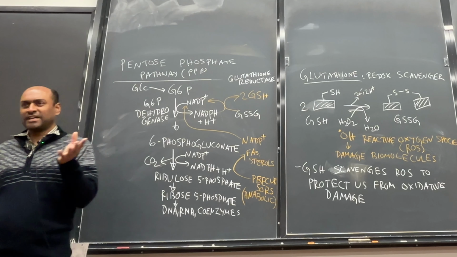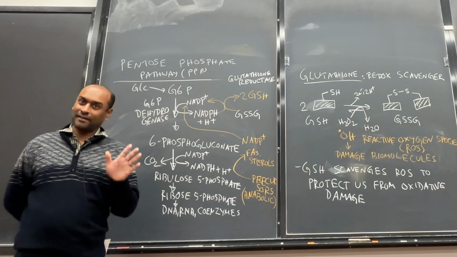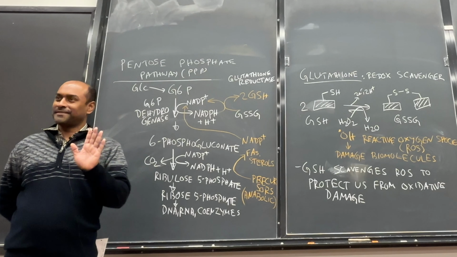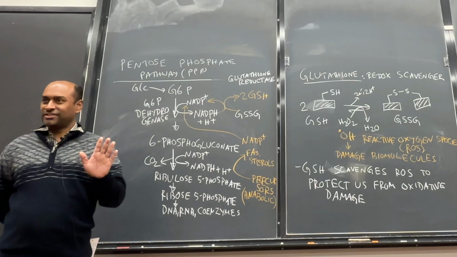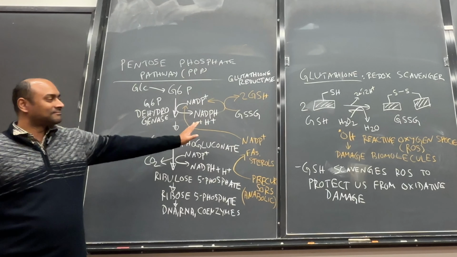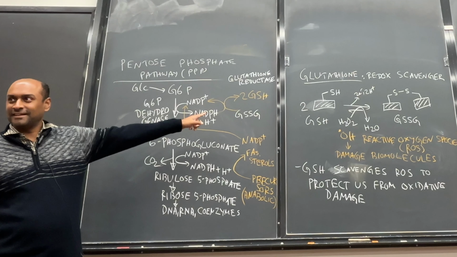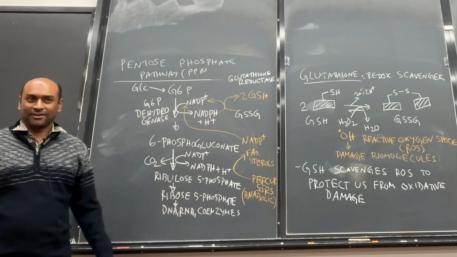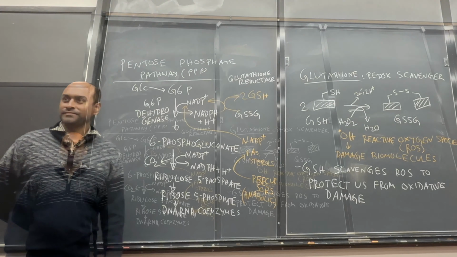NADPH and NADH are both doing the same 2 electron chemistry, but their purpose is very different. They can both act as reducing agent. NADH is not used to make fatty acids or in this pathway of reduced glutathione, only NADPH is. NADH has other roles. Go ahead.